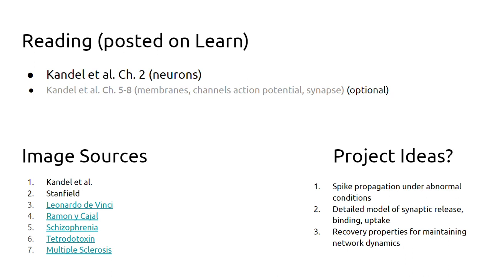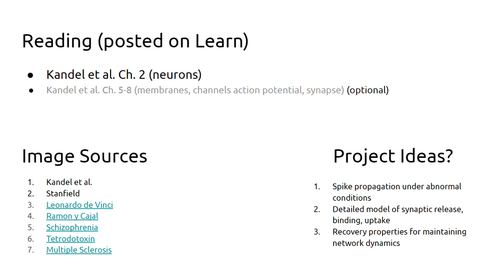I also want to start getting people thinking about their projects, because in this course there is a final project, and it's basically take anything in this course and do something with it. Go implement it and vary something and see how it behaves. So I'm going to try at the end of each lecture to give some ideas.